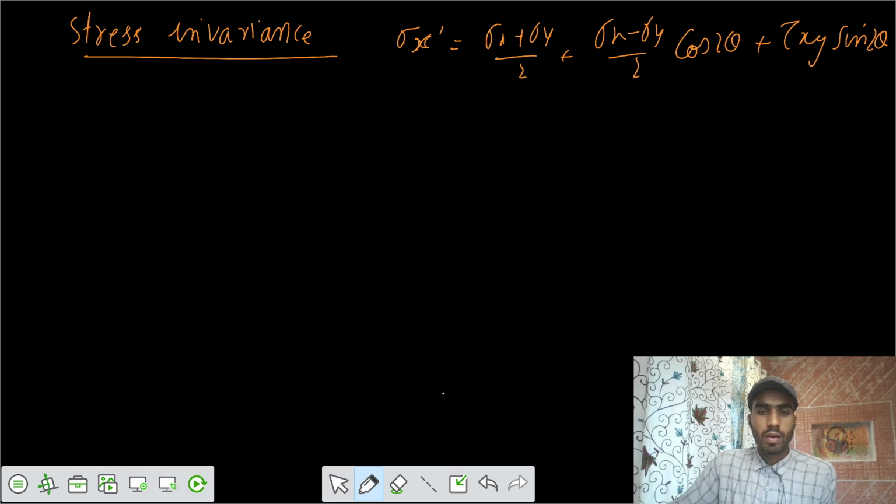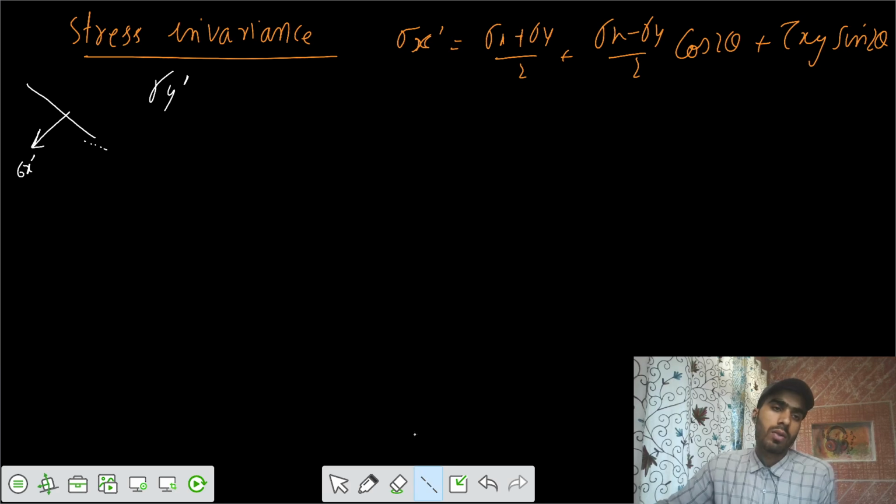Now, if we want to find the value of sigma y dash: this was the plane that we cut, and perpendicular to that plane we had sigma x dash. Similarly, the next plane, where sigma y dash is acting, is perpendicular to the given plane, making 90 degrees to it.